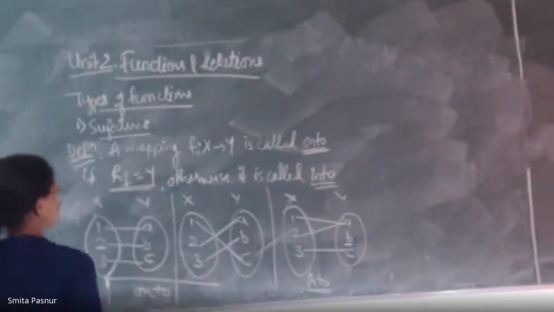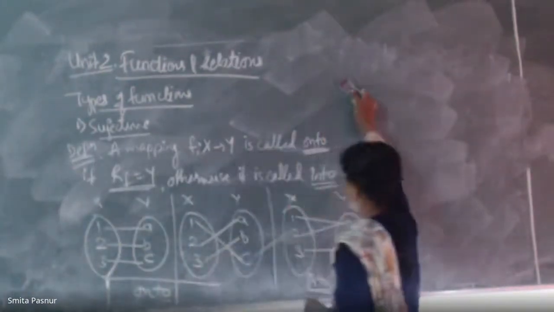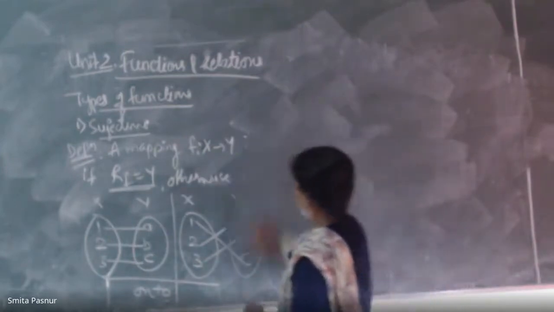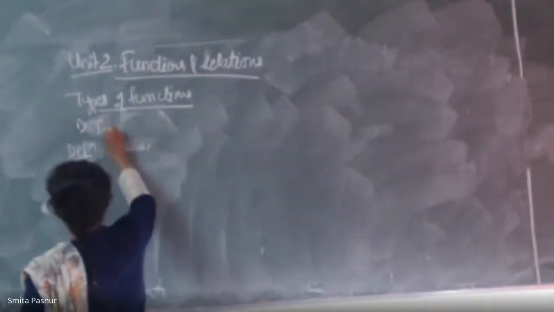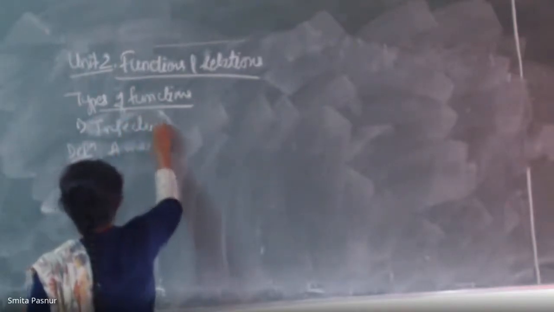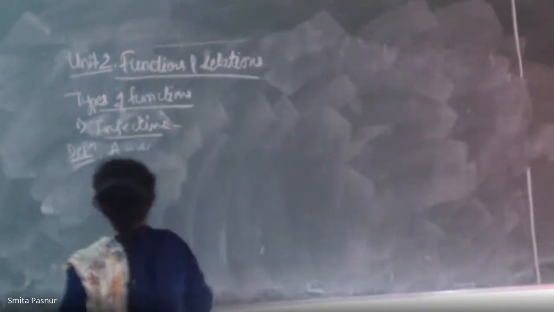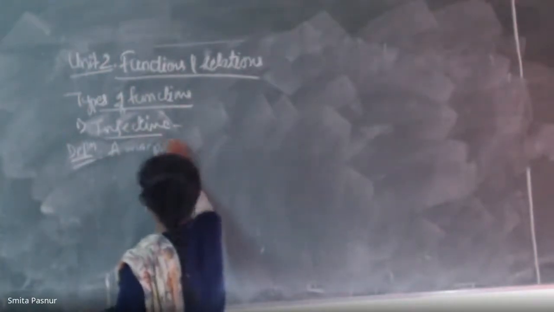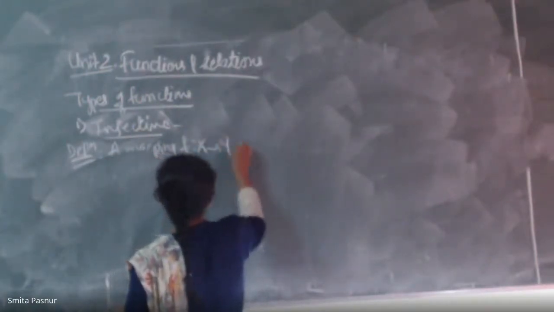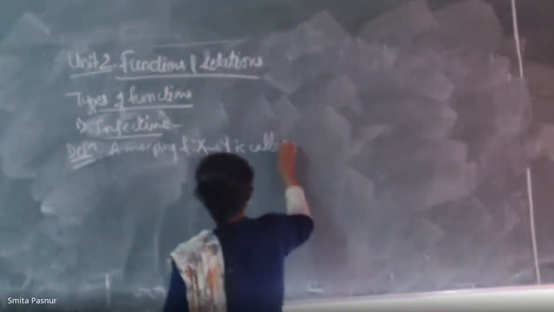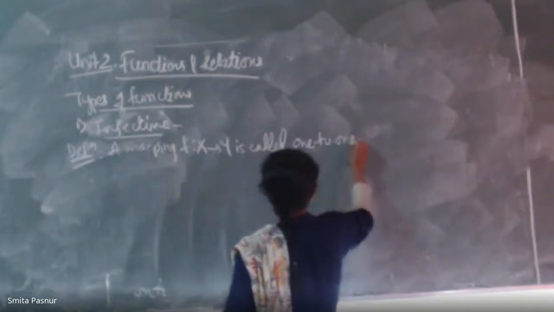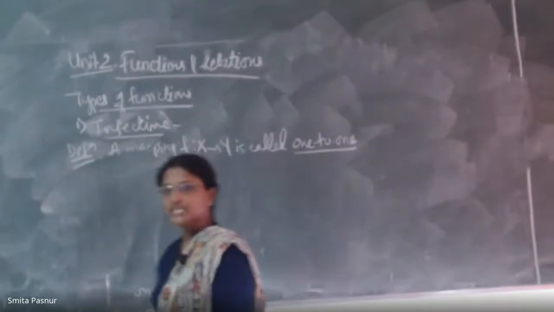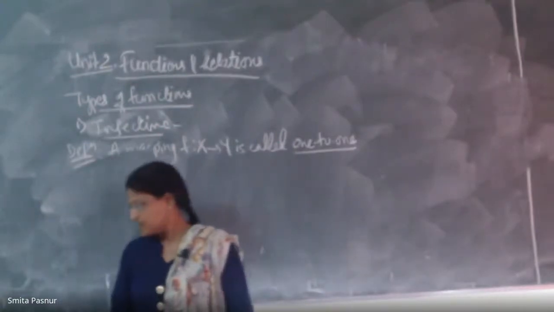Now we will see the second type of function: injective. Injective function, again a mapping f from x to y, is also called one to one function.